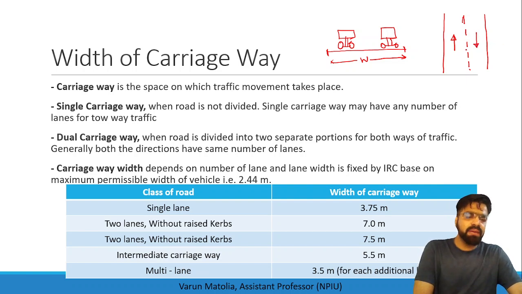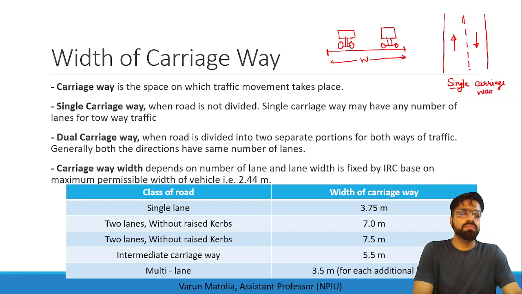So this type of road will be known as single carriageway road. Now you can see that there can be any number of lanes. It can be a 2-lane single carriageway road. It can be a 4-lane single carriageway road.